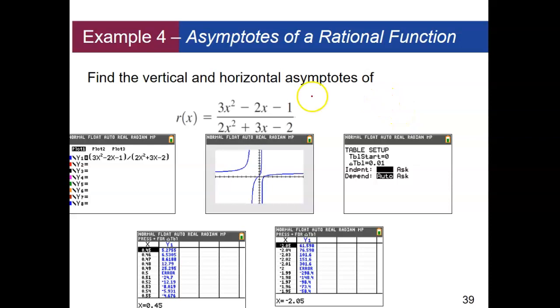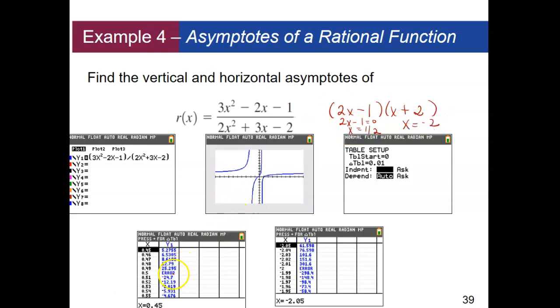One thing I wanted to show you on your calculator is how it's behaving near the asymptotes. If we look at this one, our vertical asymptotes we would get by factoring the denominator and setting those equal to 0. So if I factor this denominator, I'm going to have 2x minus 1 and x plus 2, which means that if I set each of these equal to 0, I'm going to get 1/2 and negative 2.